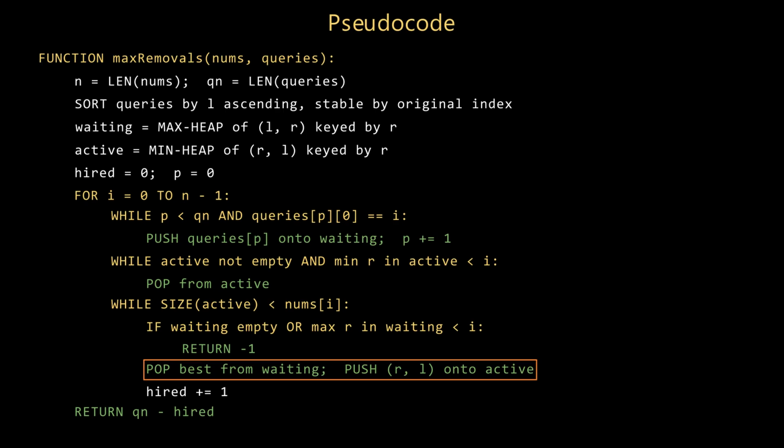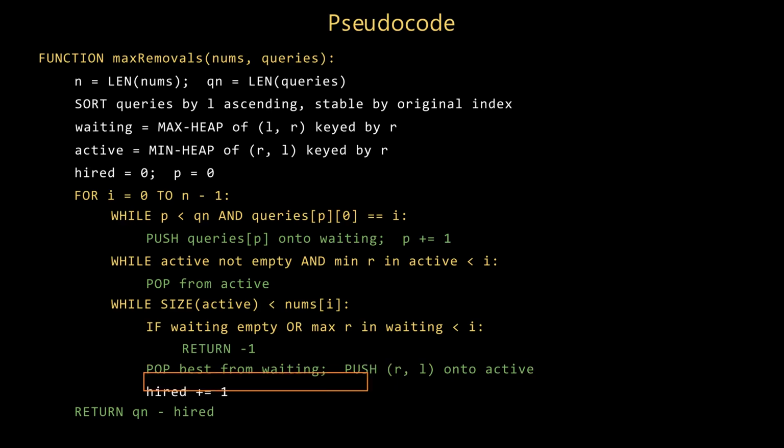Otherwise pop the best interval from waiting and push its R, L pair onto active. Increment hired by 1. Return qn minus hired, the maximum queries you can delete.